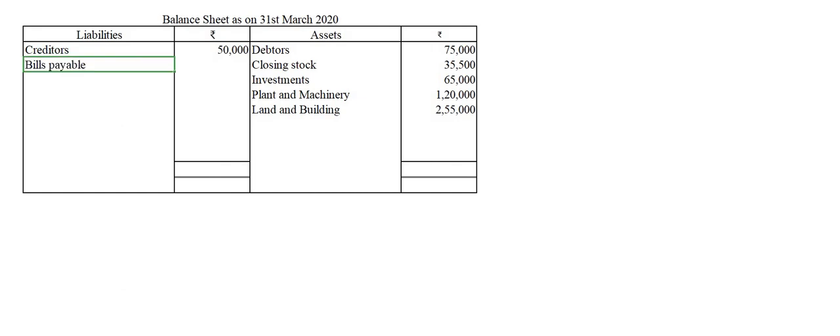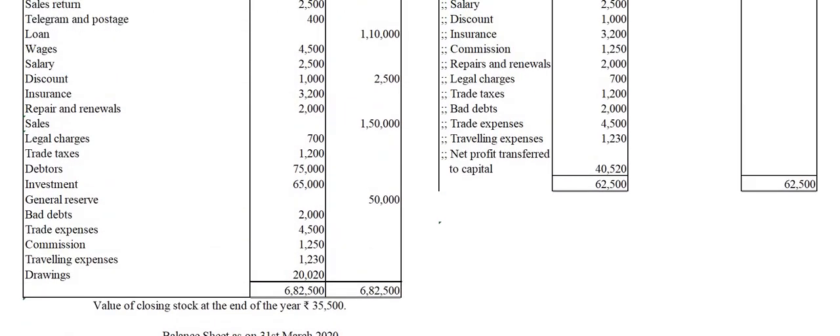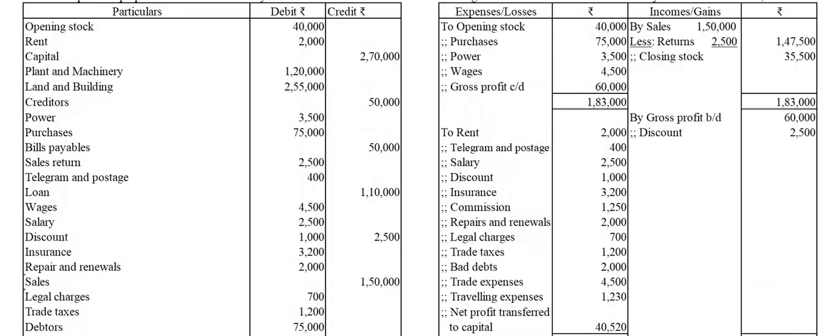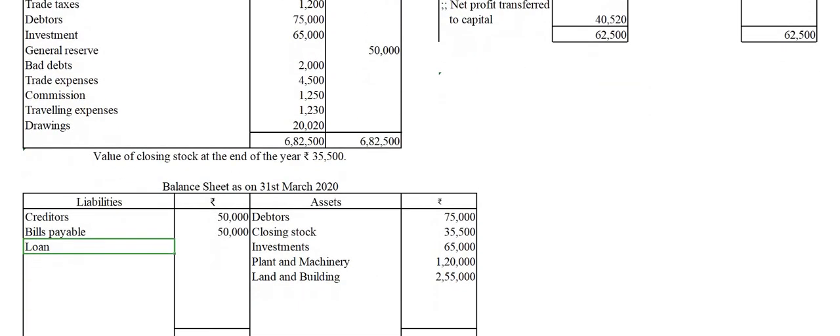Bills payable is again 50,000. Then after bills payable we can write the next item. Here, after telegram and postage, it is given loan. So loan can be written next. What is the amount of loan? 1,10,000.